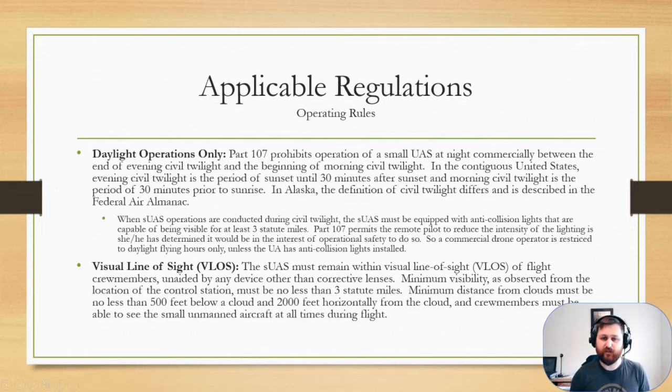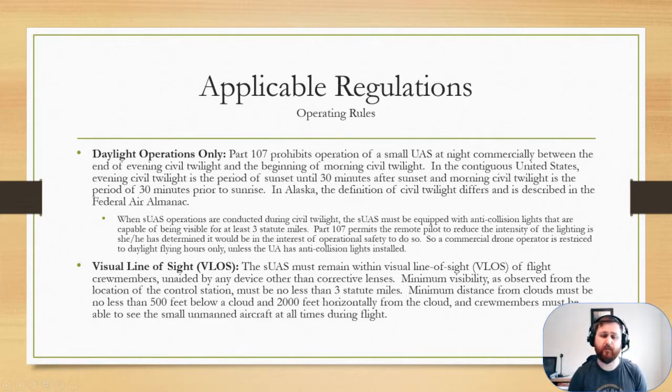Part 107 permits the remote pilot to reduce the intensity of the lighting if she or he has determined it would be in the interest of operational safety to do so. So a commercial drone operator is restricted to daylight flying hours only unless the UA has anti-collision lights installed. But in the grand scheme of things, most operations are just going to be during daylight hours.